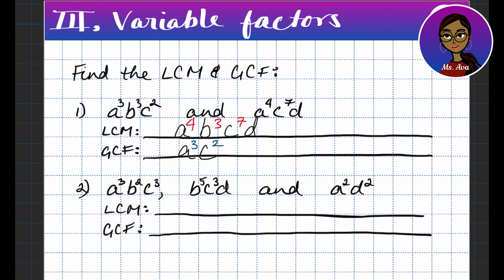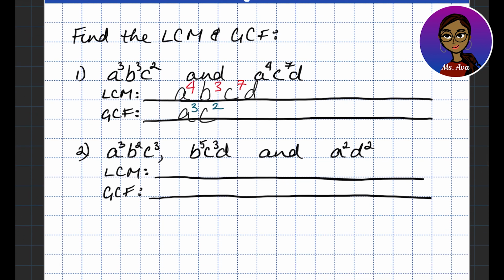Okay, very nicely done. Let's quickly just do this problem as well. So LCM, which bases do I write down? You can write down an A, a B, a C, and a D. Yes, awesome. Look at you, you're getting faster. Okay, and then what exponents?